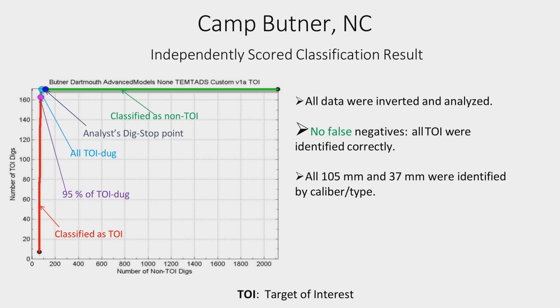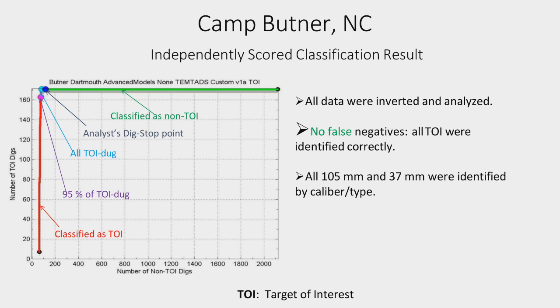And here is an independently scored classification result for Camp Butner in terms of ROC, receiver operating characteristic curves. The red one is where we said this is a UXO and it turns out it was correctly identified, so we go up.